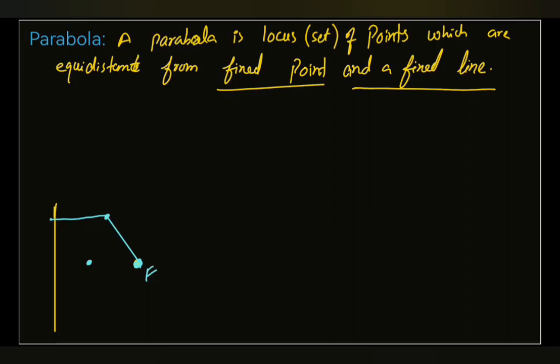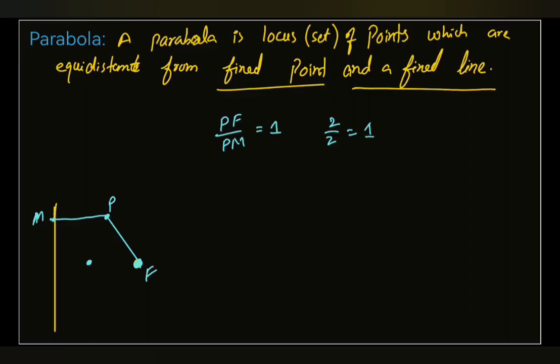If we take this point as P and the point on the line as M, then PF upon PM will be equal to 1, because their distances are same. Let's suppose 2 upon 2 is equal to 1.